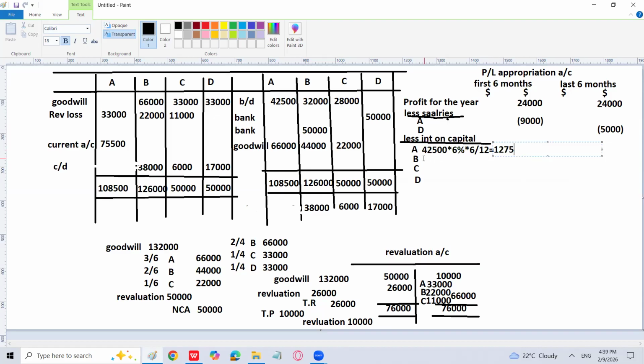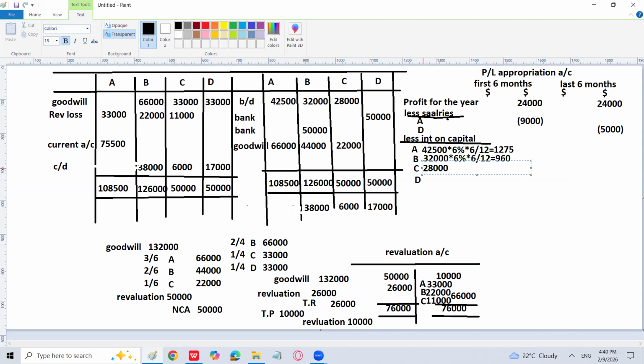1275. Then for B, again for the first part, 32,000 is the capital of B into 6% into 6 over 12. 960, because these capital remained in the business only for the first half of the year, first 6 months.